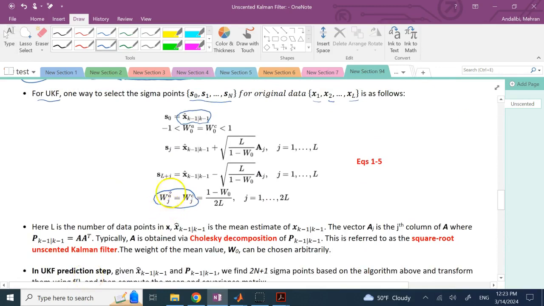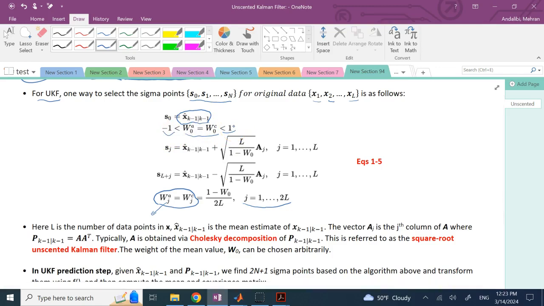And this J can change. This is the index for the sigma point, so this one does change. You see here, J goes from 1 to 2L. And for when j is 0, you can pick them to be equal to each other and any number between -1 and 1. So you can just go ahead and pick anything that you want.